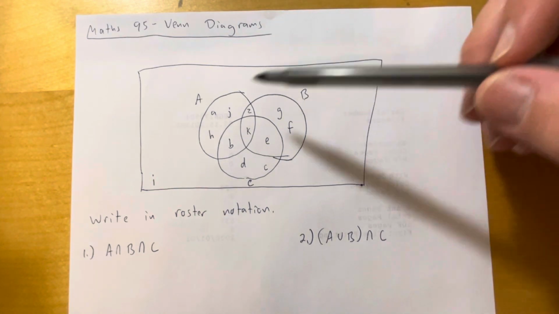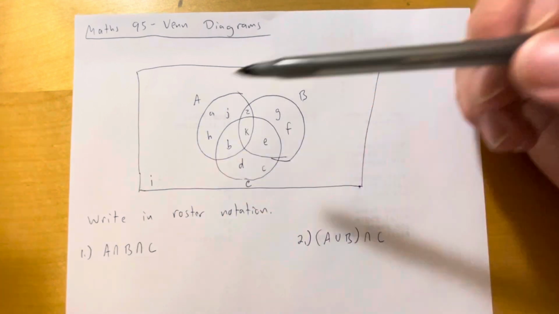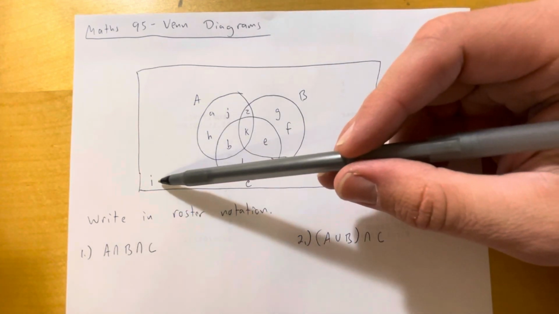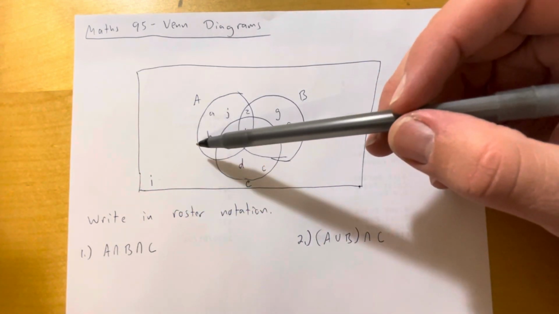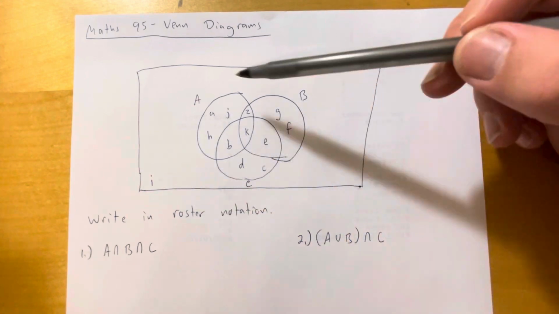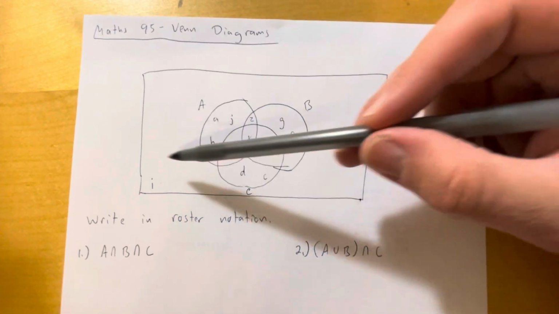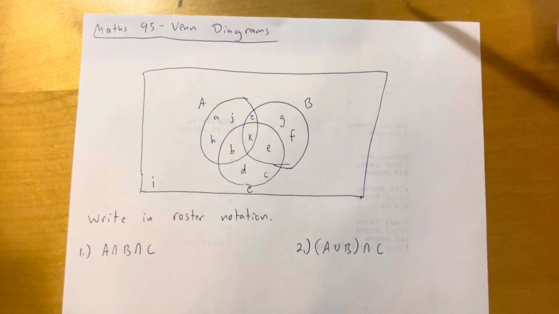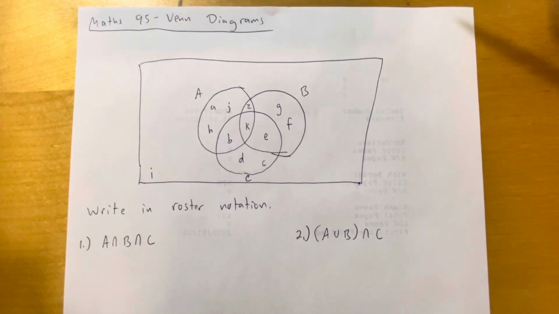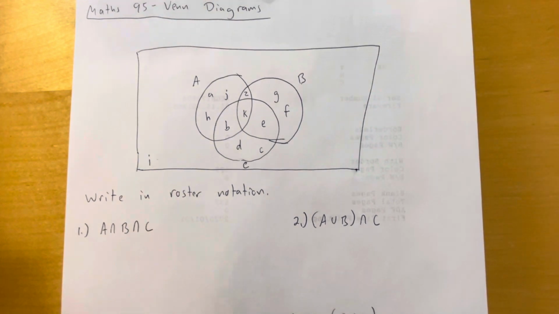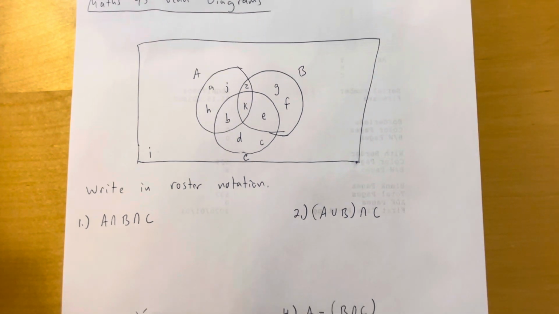And then you'll notice also I have one lowercase letter out here, the letter I, and that is there to represent an element that's not in any of these three sets, but is still a part of the larger universal set. So what we want to do is use our set notation, our set operations that we've already talked about previous to this week, to think about how intersections, unions, set differences, complements, all of those things look when we're analyzing a Venn diagram.